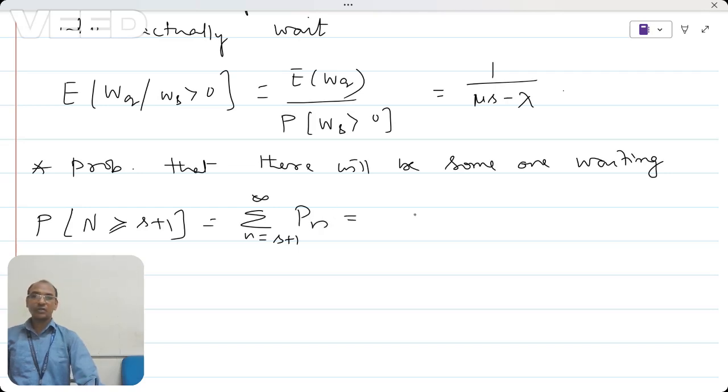It is equivalent to saying summation n equal to 0 to infinity pn minus probability n equal to s.